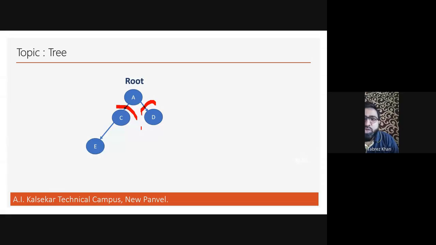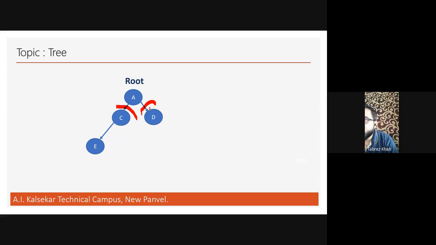Into my set T1, I got two nodes C and E, and into my set T2, I got only one node, that is D. So we have two sets T1 and T2, and the definition says that each of these sets is a tree. Now, if you see carefully, yes, each of these sets is a tree.